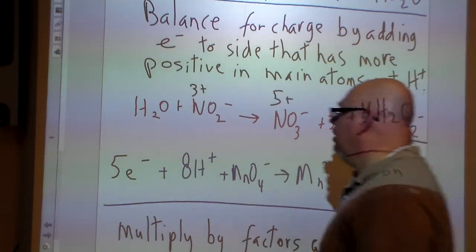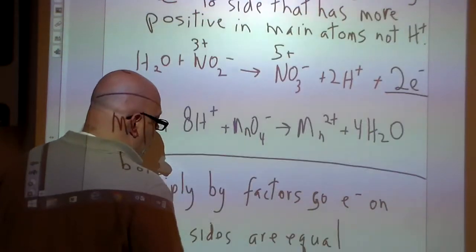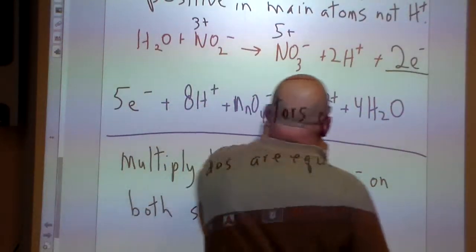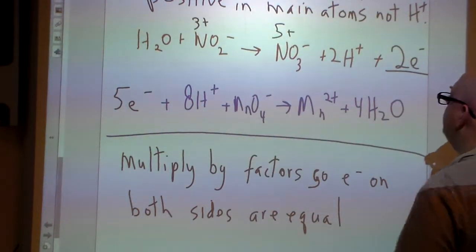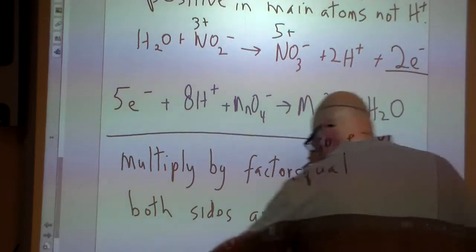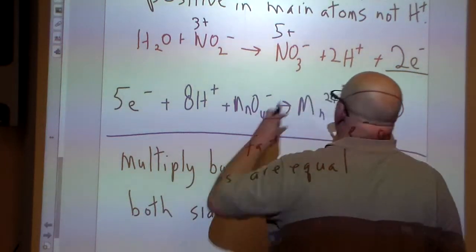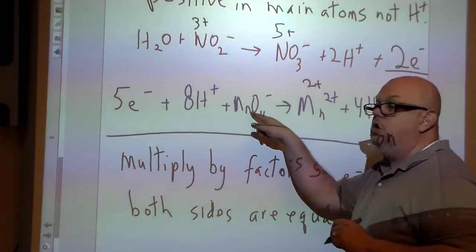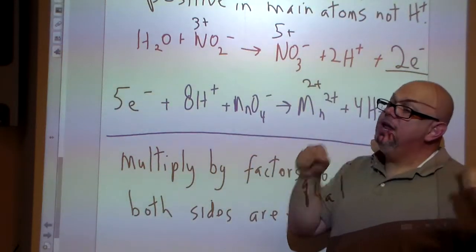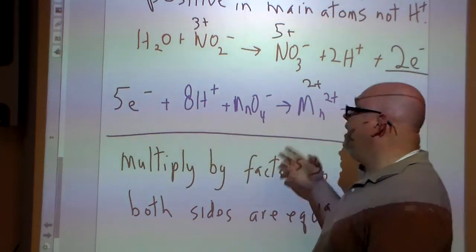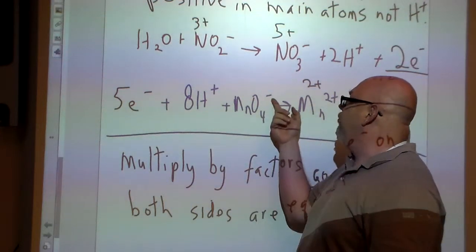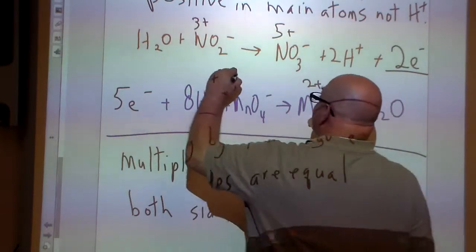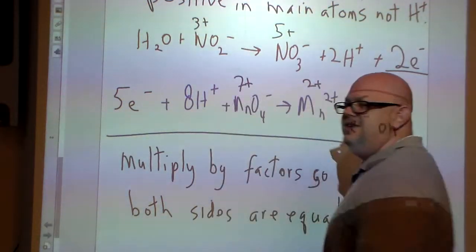Now let's take a look down here for our other one. Let's look at this one, and you may notice here is our Mn, and it happens to have a charge of 2+. Over here, what's the charge on the Mn? Remember, oxygen's a -2, so -2 times 4 is -8, but you have an overall charge of -1. So this one has got to be a +7.